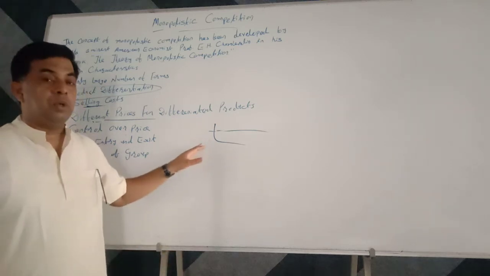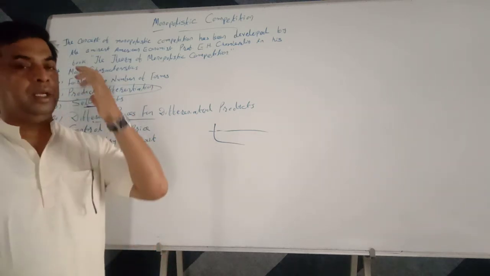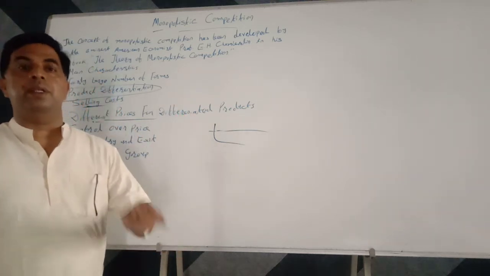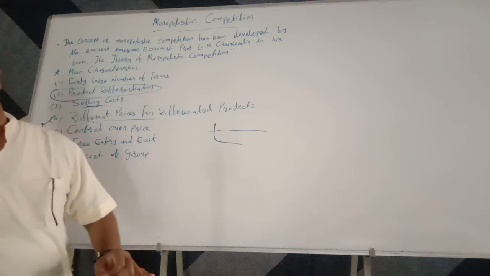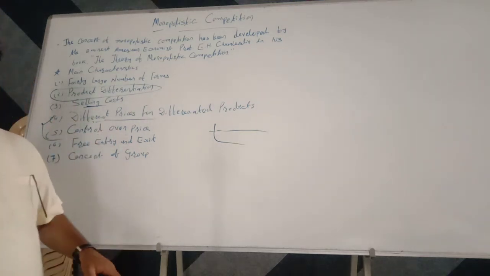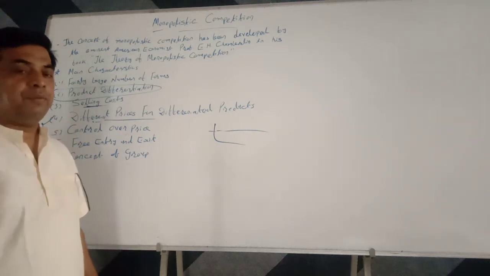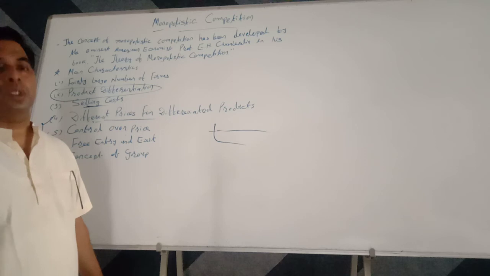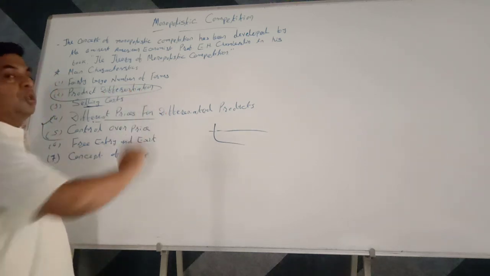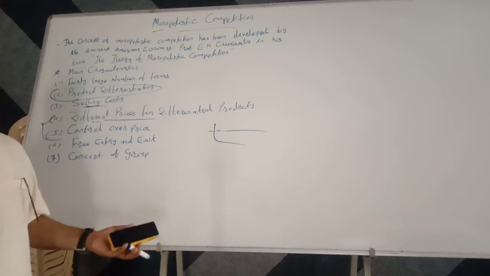Why? Because it has its own market, it has some control over the market, it has some loyal customers. Okay, and there is a difference in product, that's why the product is differentiated. So here we have tried to understand why there is a different price for differentiated product, because unlike perfect competition there is no homogeneous product, product differentiation है, so price में control भी है. Nikon camera and other cameras difference.